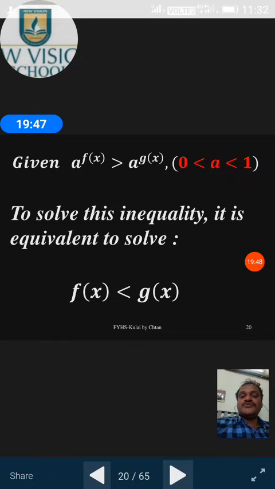For example, take a as 1 by 2: (1 by 2) to the power 3 is greater than (1 by 2) to the power 5. Here 3 is less than 5, that is very much obvious.